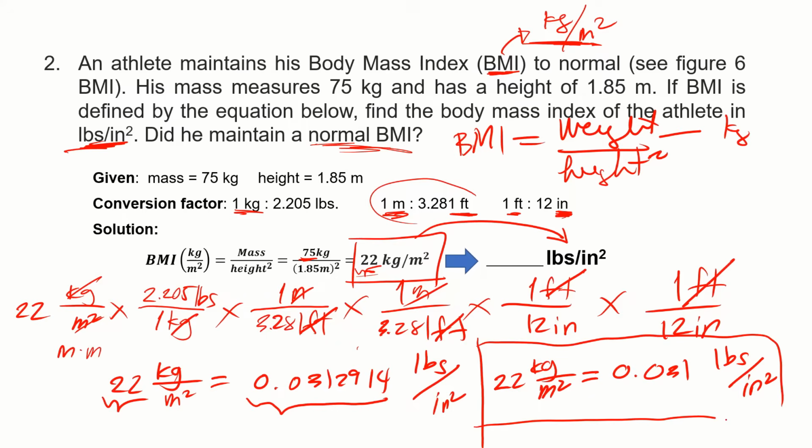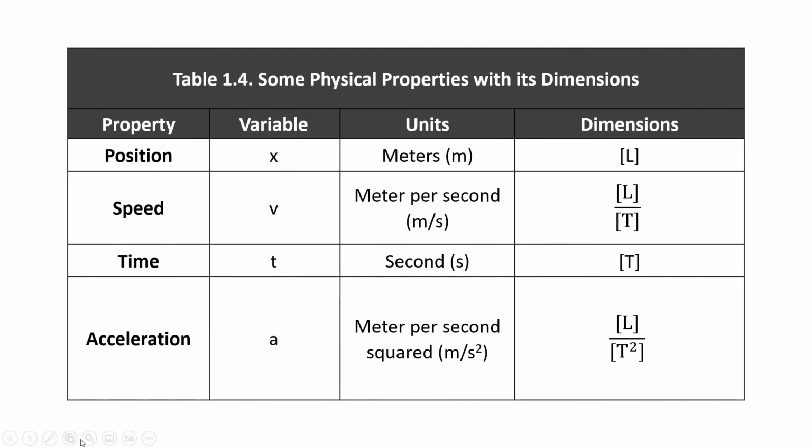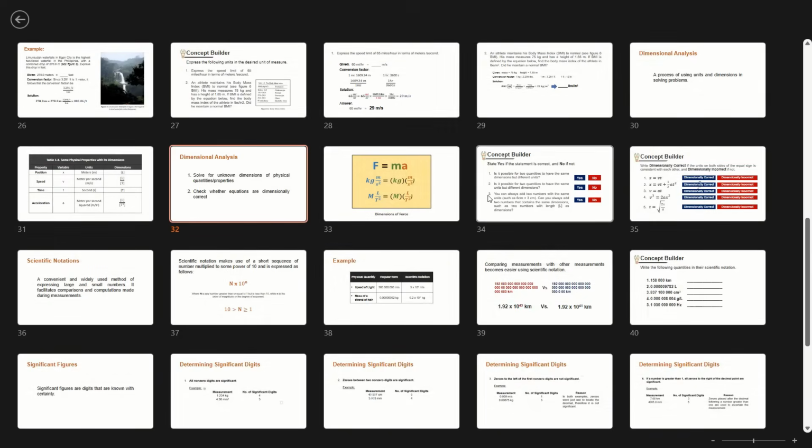So, may additional question dito, which is, did the athlete maintain a normal BMI? So, to answer this, we need to refer to the table. So, again, yung ginagamit na BMI, standard unit is kilogram per squared meter. So, ang gagamitin natin to determine whether the BMI is normal is this one. So, balik tayo dun sa slide kung nasaan yung table natin.